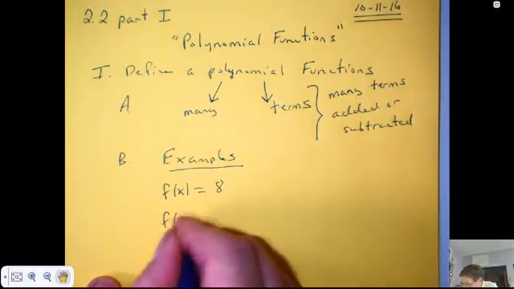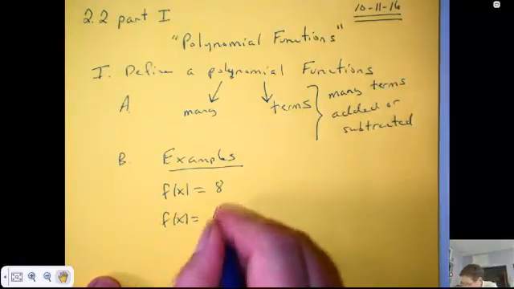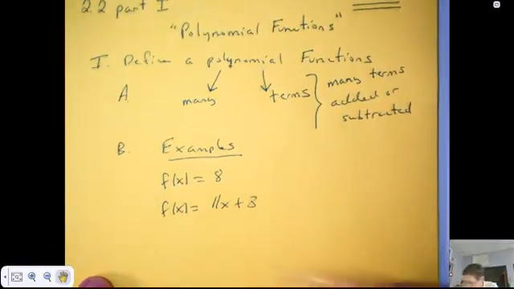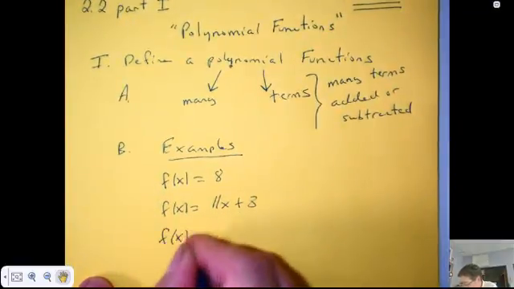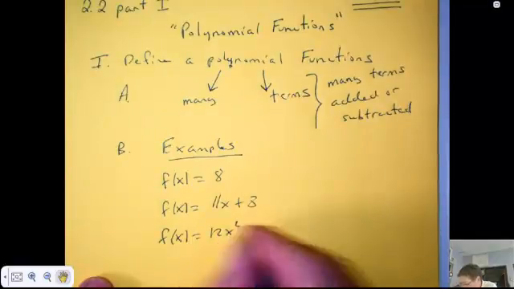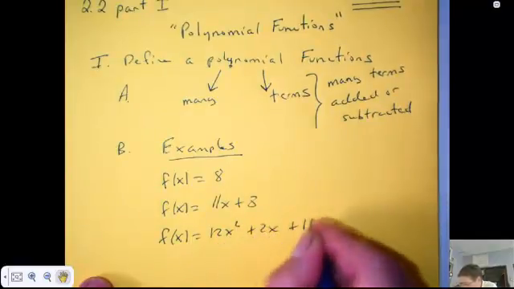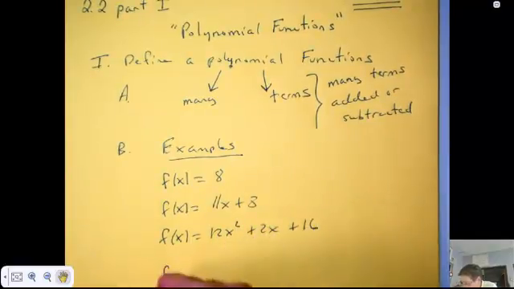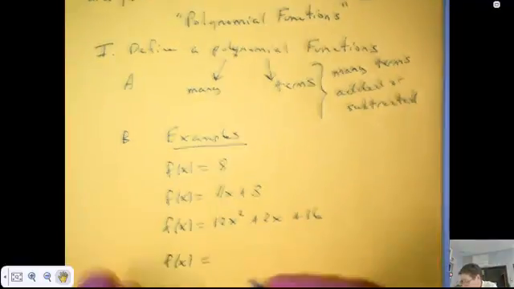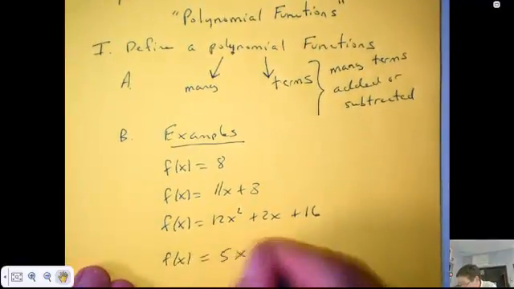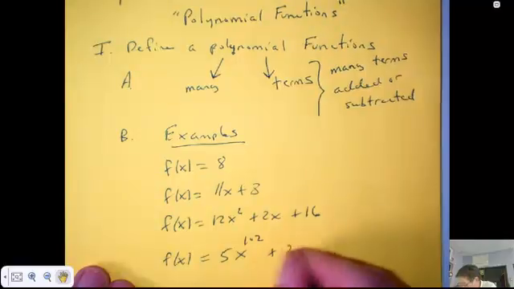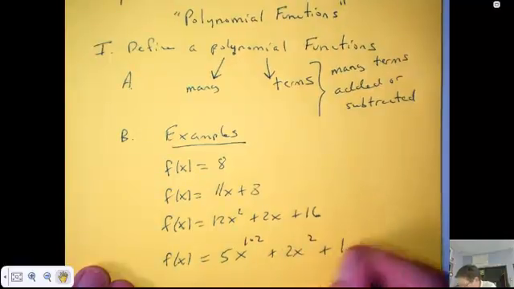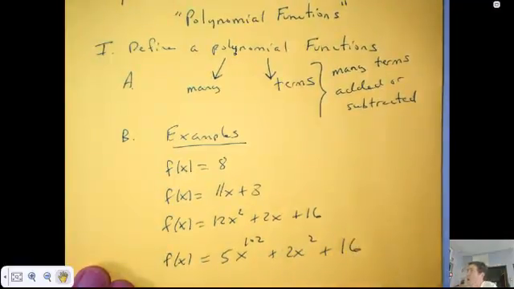They could be the linear form, 11x plus 8. Could be the quadratic form, 12x squared plus 2x plus 16. And in fact, we can get very high powers, like 5x to the 102nd plus 2x squared plus 16, something like that. All those are examples of polynomials.